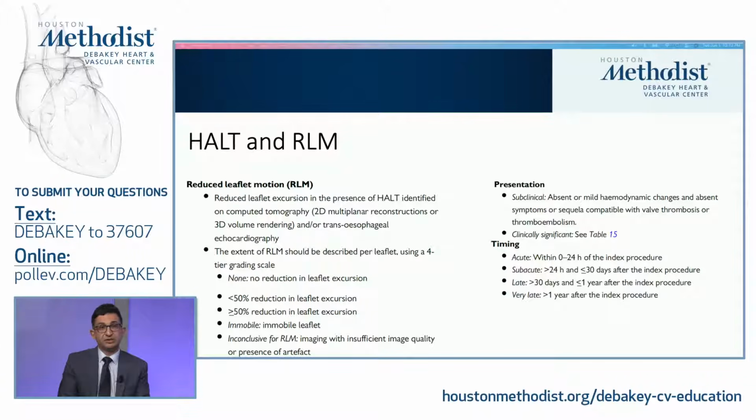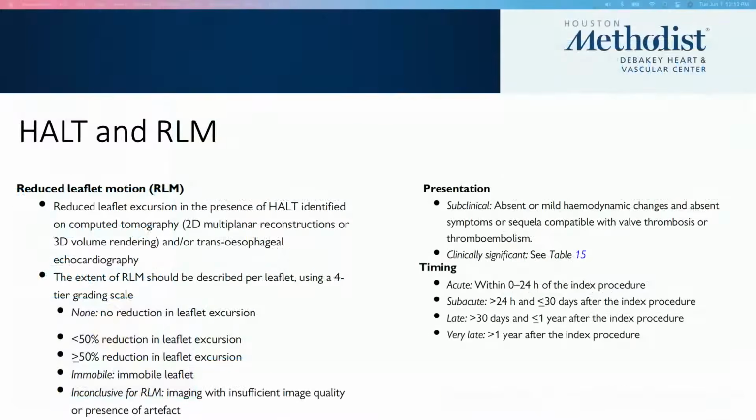The reduced leaflet motion is also categorized into four categories: no restricted motion, less than 50%, more than 50% reduction in motion, or immobile leaflet. And again, our patient is currently in the category of between 25 to 50% for HALT and no restricted motion.